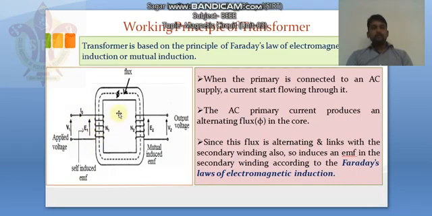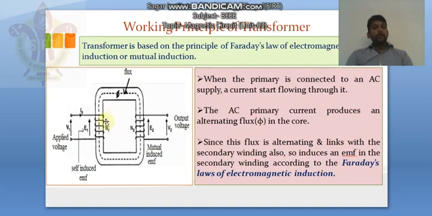Let's suppose this flux will be phi1. Here this coil has N1 number of turns. So due to electromagnetic induction principle, as you know that this applied voltage is AC, means sinusoidal, varying with time. So the flux produced by this AC voltage V1 is also sinusoidal in nature. It means that this flux is varying with time.